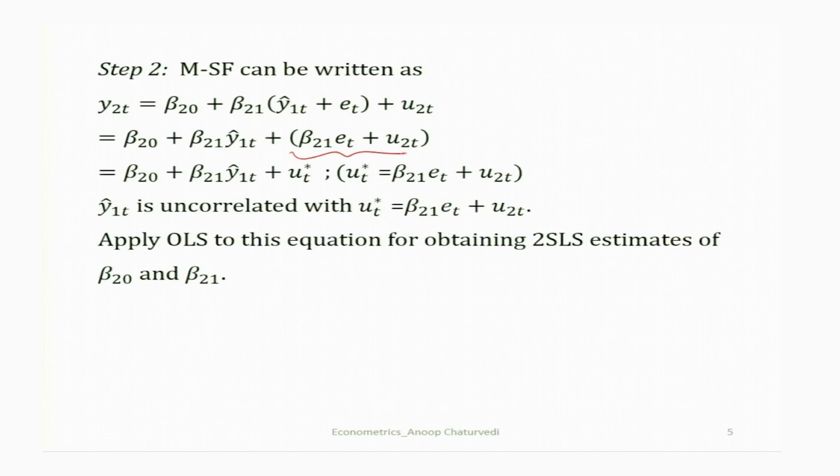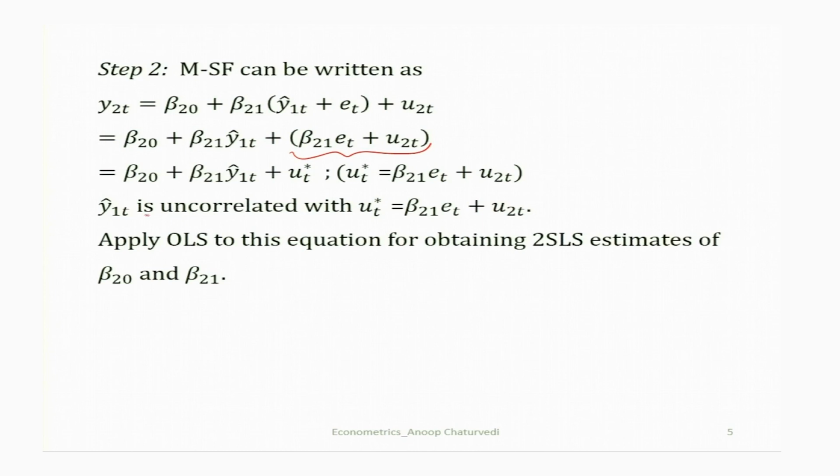So, this is your combined error term or disturbance term. So, finally, we get the relation y 2 t equal to beta 2 naught plus beta 2 1 y 1 t hat plus u t star, where u t star is equal to beta 2 1 E t plus u 2 t.